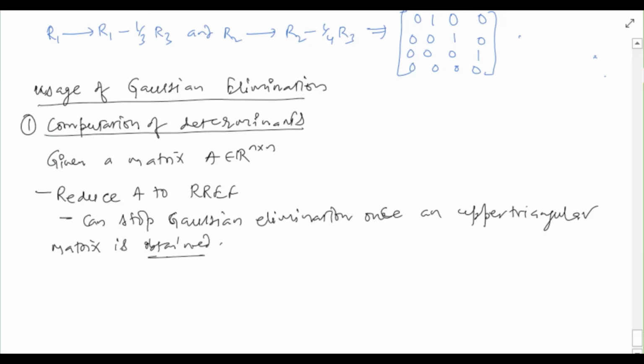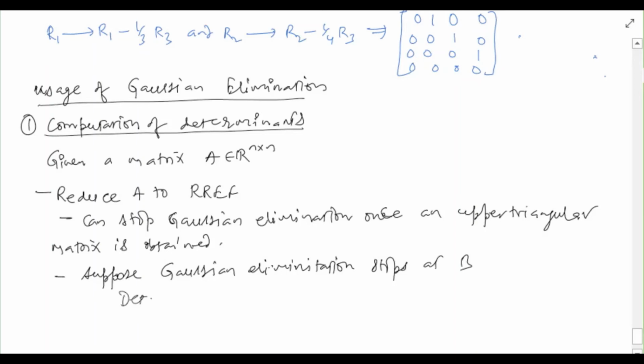Now we can easily write the determinant of the upper triangular matrix so obtained. So suppose Gaussian elimination stops at matrix B, then we know the determinant of B is just the product of the diagonal entries, B_ii for i equals 1 to n.